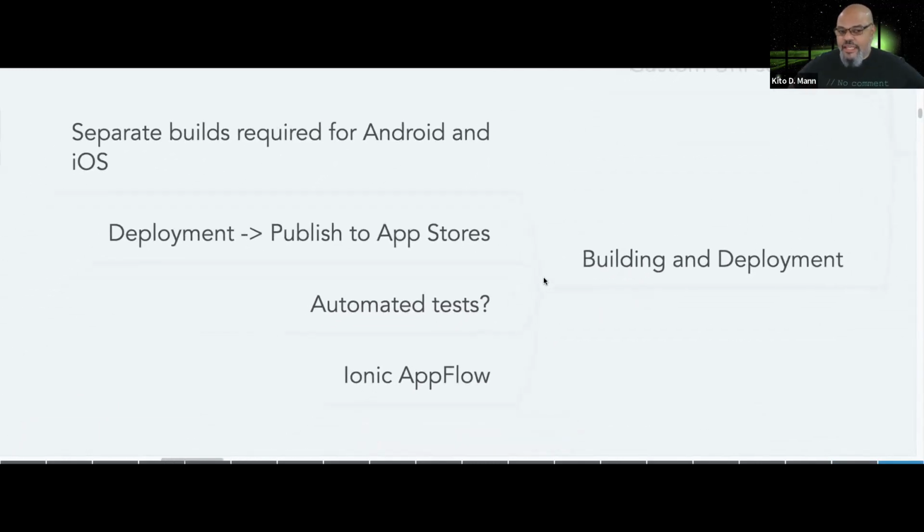And when it comes to building and deployment, keep in mind that deployment for these apps just means getting it into the App Store. So you've either got to do this manually, or you have to use a tool to do the publishing for you. And we traditionally have done it manually. Ionic has a great tool. I haven't used it, but it looks pretty handy for doing the automatic deployment to the app stores, which seems like a huge time saver.